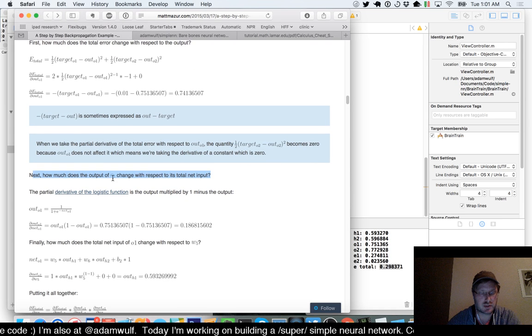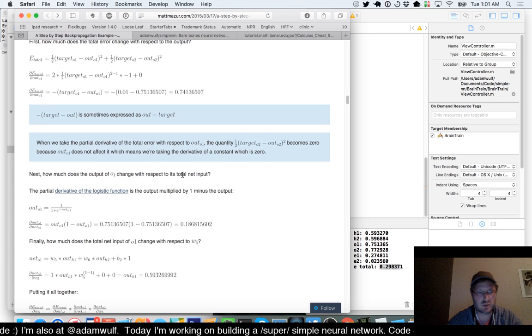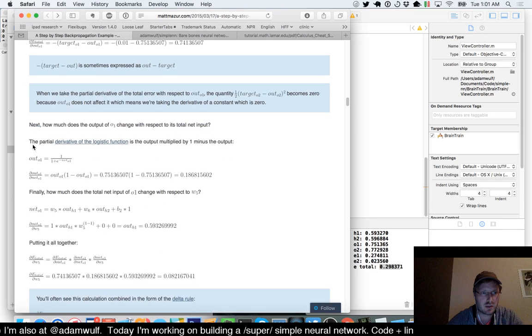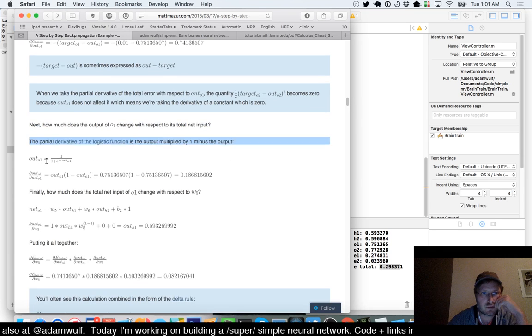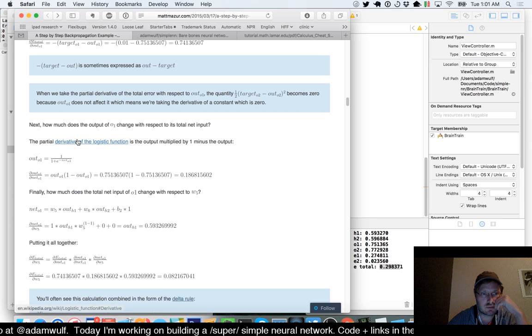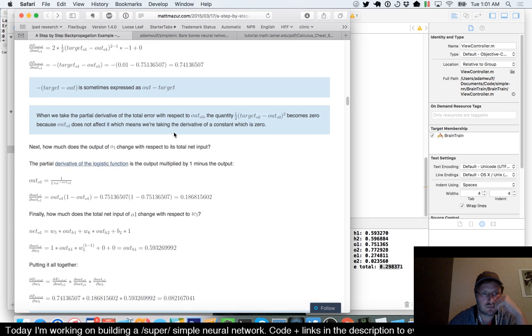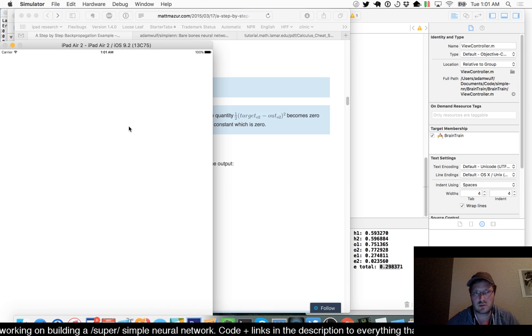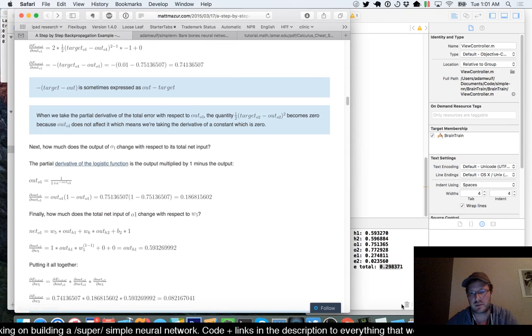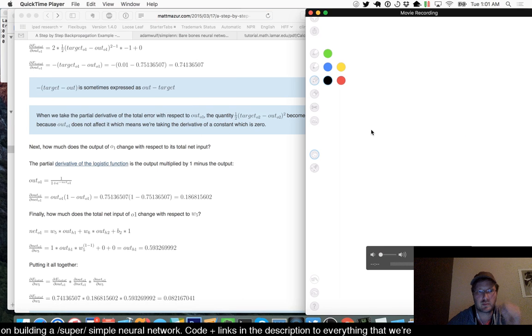Now, how much does O1 change with respect to its total input? So here's our other derivative, our out of O1, d out O1 given net of O1. I want the iPad, not the simulator.